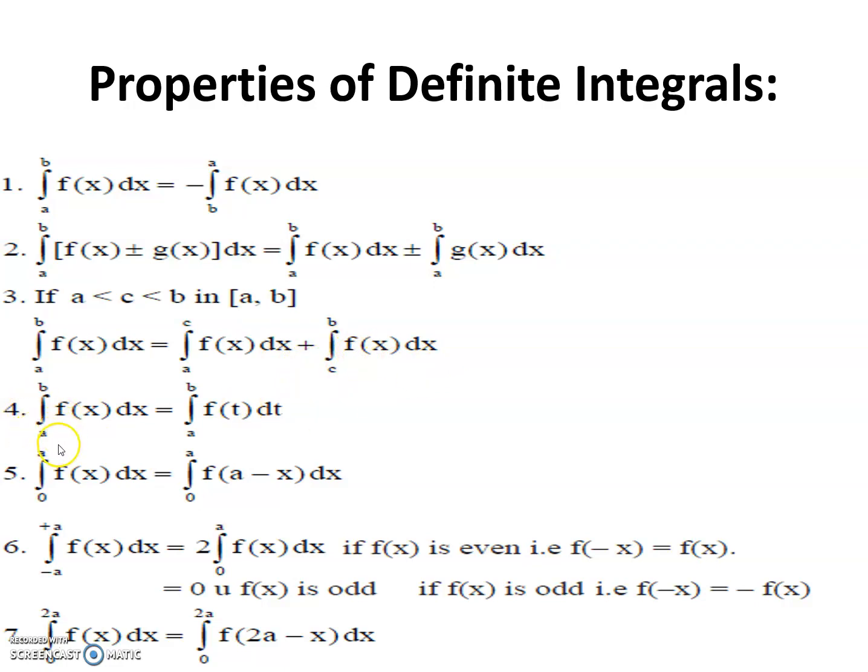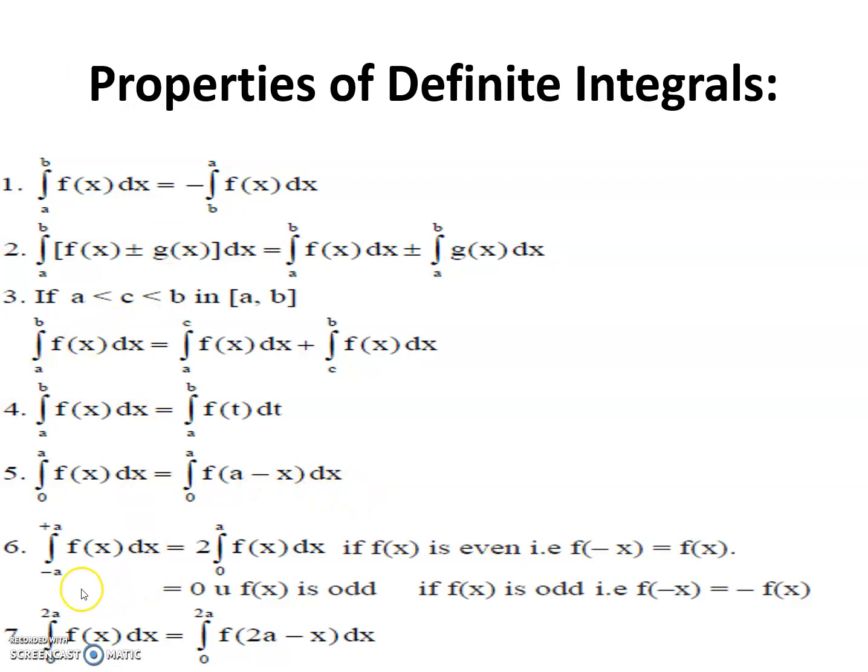Fourth one: integral from a to b of f of x dx is equal to integral from a to b of f of t dt. Fifth one: integral from 0 to a of f of x dx is equal to integral from 0 to a of f in bracket a minus x dx.